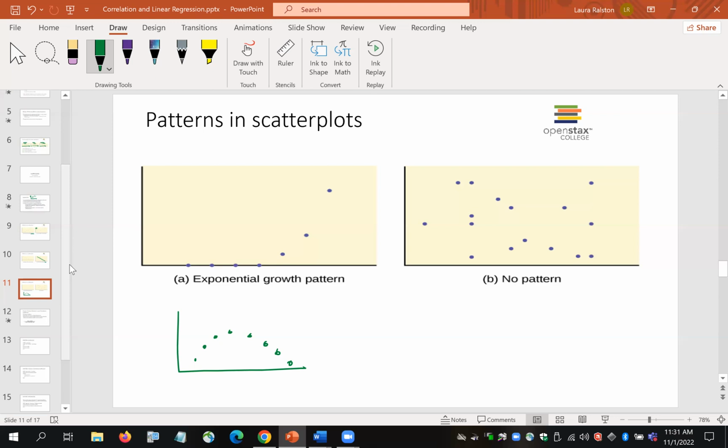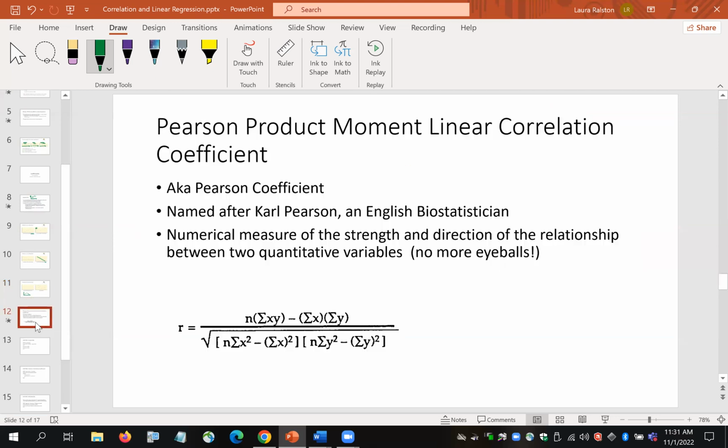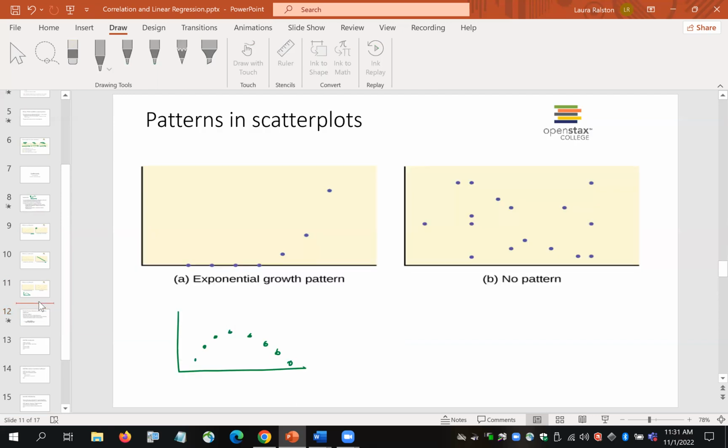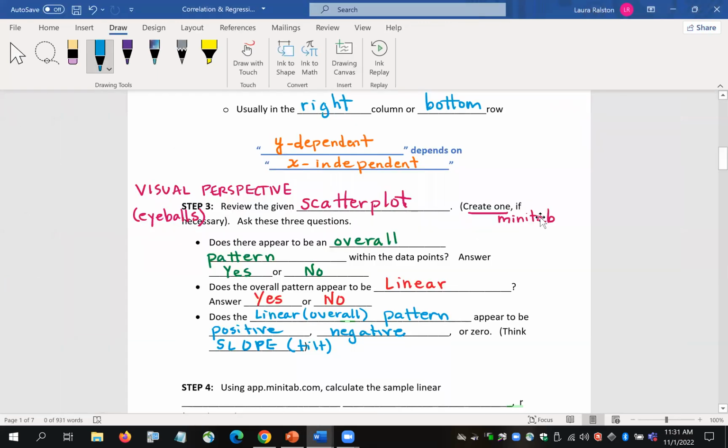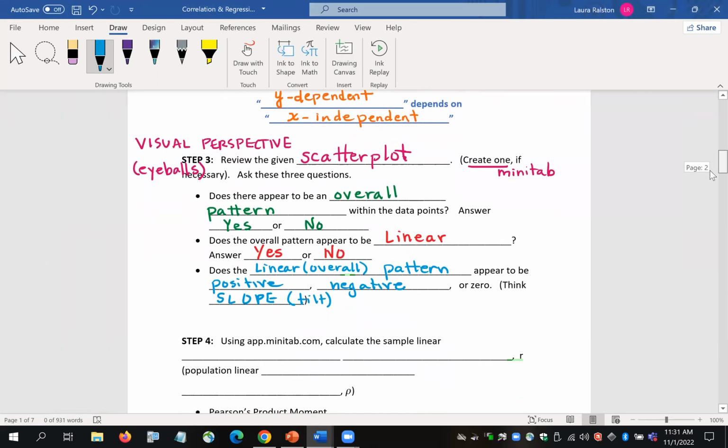So we can have disagreement because we each have different eyeballs and we're seeing it differently. So we don't typically rely on just the scatter plot.